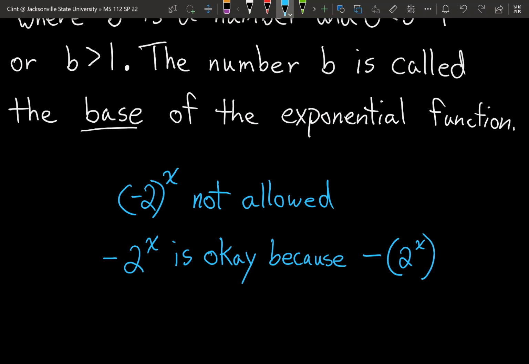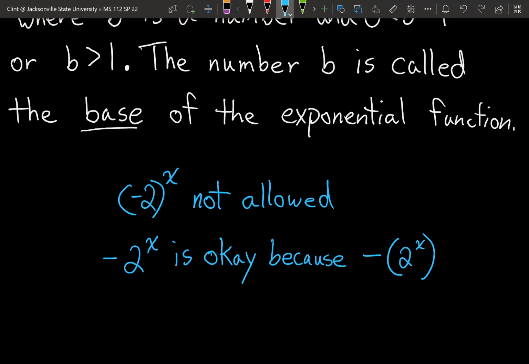It's just a minus sign out in front of the whole thing. The base is not negative. So if you see it written like this, that's okay. The base is still 2. It just happens we have a minus sign out in front of the whole function. But here, where we have a minus 2, that's not allowed.